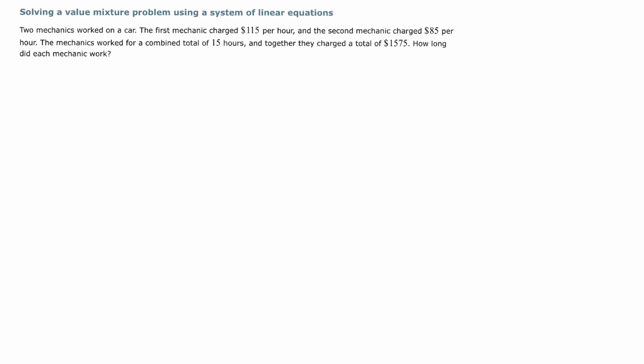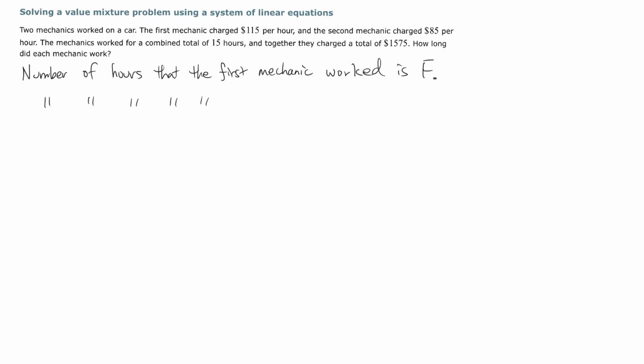Let's say the number of hours that the first mechanic worked is F. Now once you get one of the translations, it's much easier to get the second one. So why don't we just do this? Number of hours that the second mechanic worked is capital S.